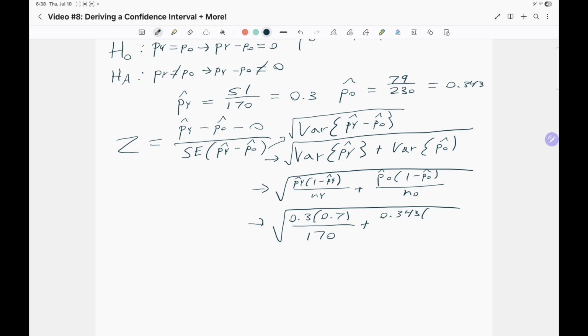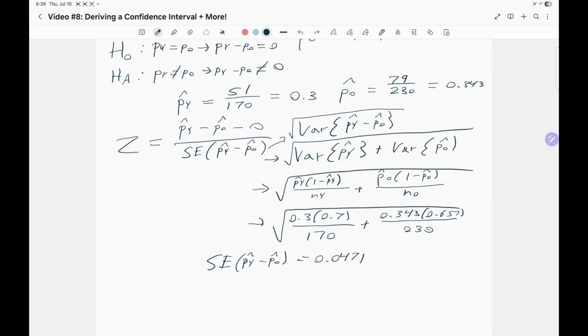And over here, it's going to be 1 minus 0.343, 0.657, over 230. If you crunch the numbers here, this is going to give you that standard error. It's equal to 0.0471. Now that we have this, we have what's going to be in the denominator up there.